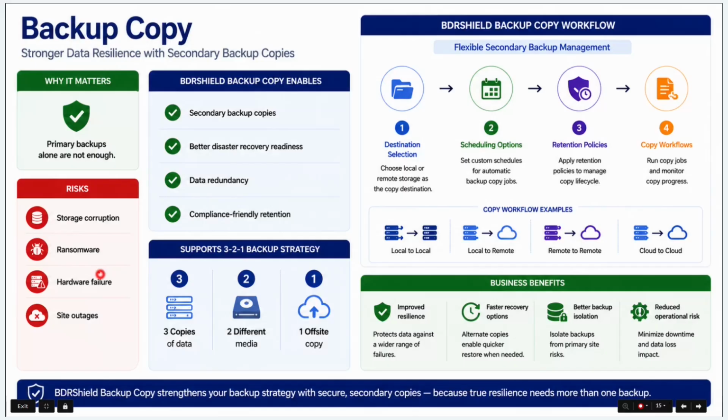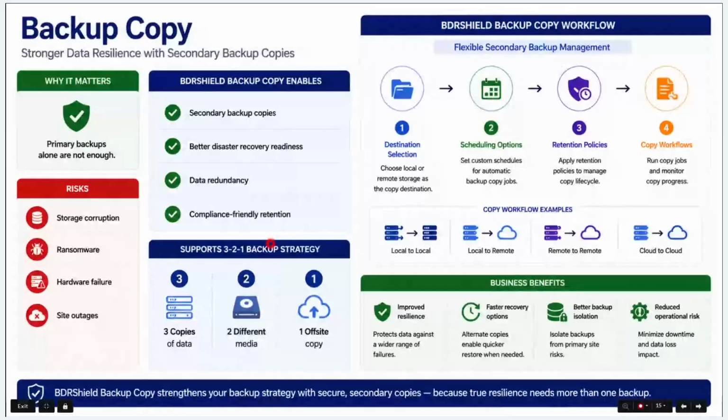Hardware failures: if the NAS box fails or the complete site is in outage, how can you restore your data? Only when you have multiple copies, like a backup copy or an offsite copy, can you restore your backup. So BDRShield will give you secondary backup copies to manage your disaster recovery readiness and data redundancy, and it will also satisfy your compliance requirement.